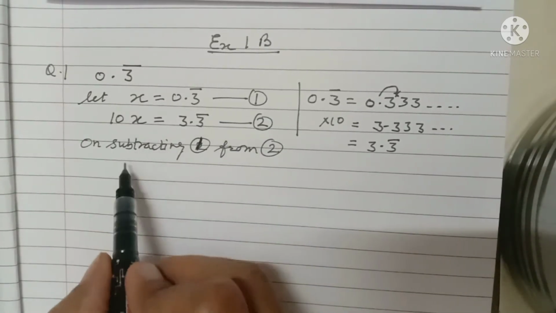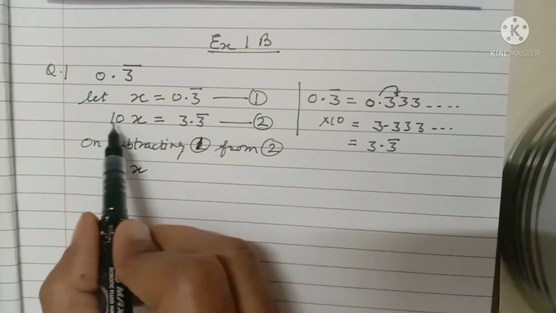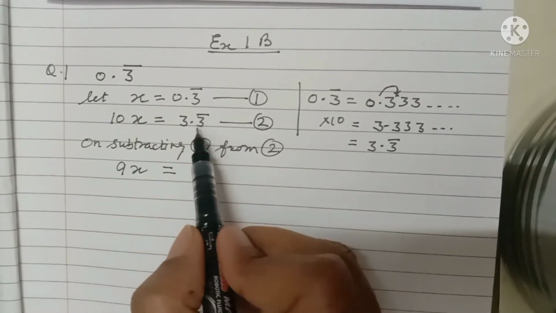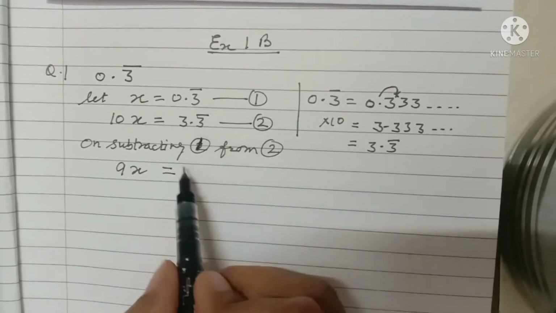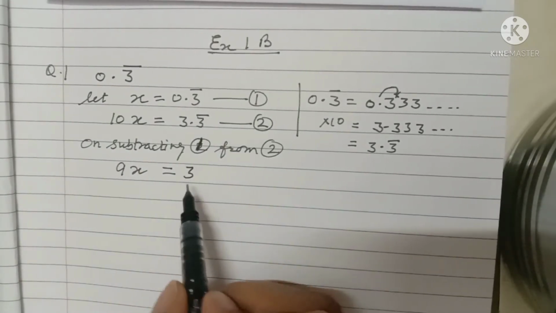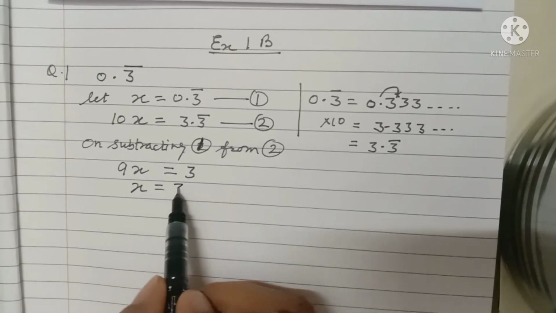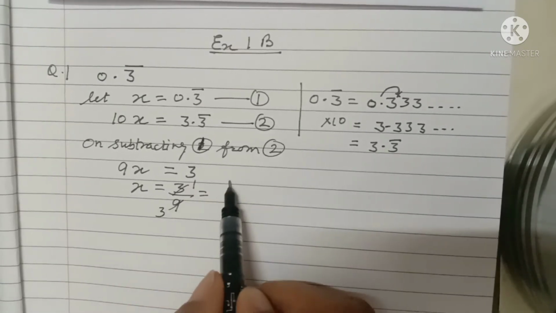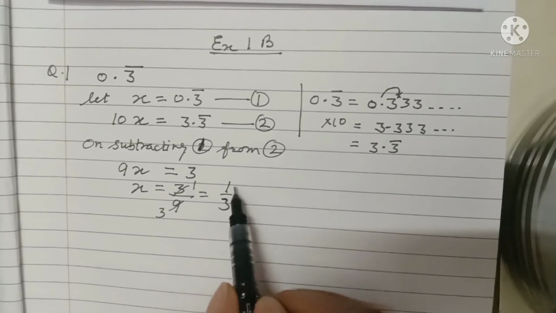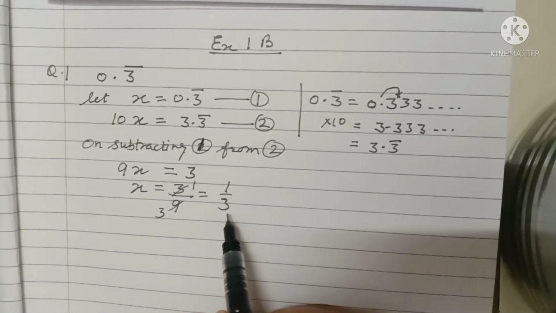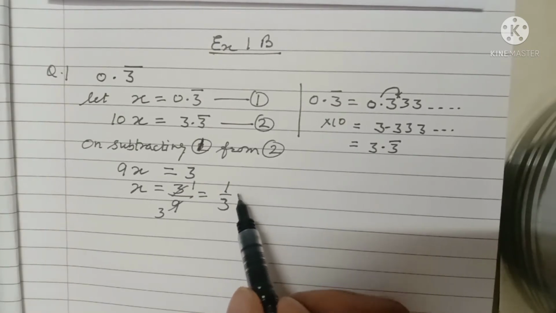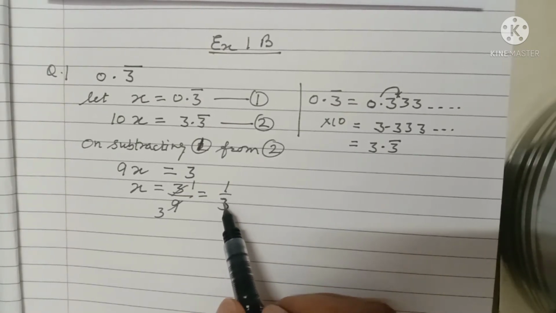So this becomes 9x, 10x minus x, and the 3 bar will cancel and you will get only 3. So x is equal to 3 upon 9. This becomes 3 1s are 3, 3 3s are 9, so 1 upon 3. This is in its simplest form, and you have to convert it into simplest form as a fraction.